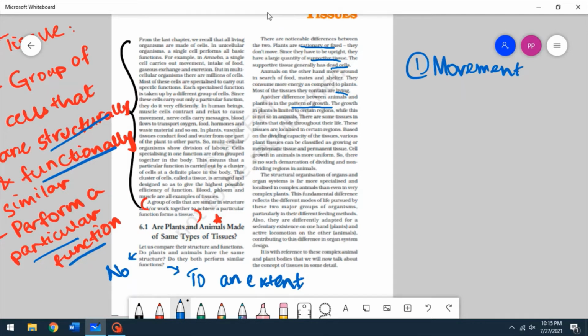Alright. So based on the dividing capacity of tissues, various plant tissues can be classified as growing or meristematic tissue and permanent tissue. So growing tissue is the meristematic tissue, and permanent tissue is the non-growing tissue. Alright. Cell growth in animals is more uniform. So as we're growing tall, we also grow plumpier, we grow healthier, right? So there is no such demarcation of dividing and non-dividing regions in animals.